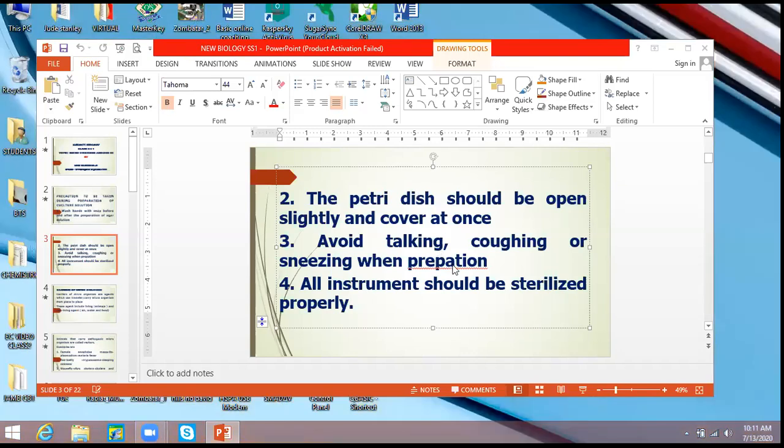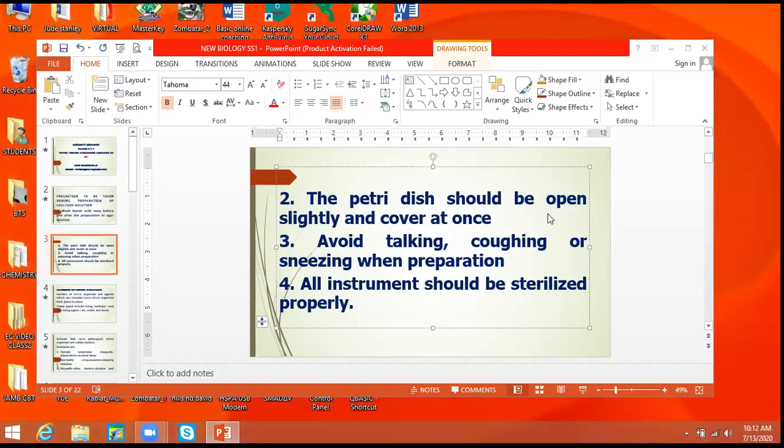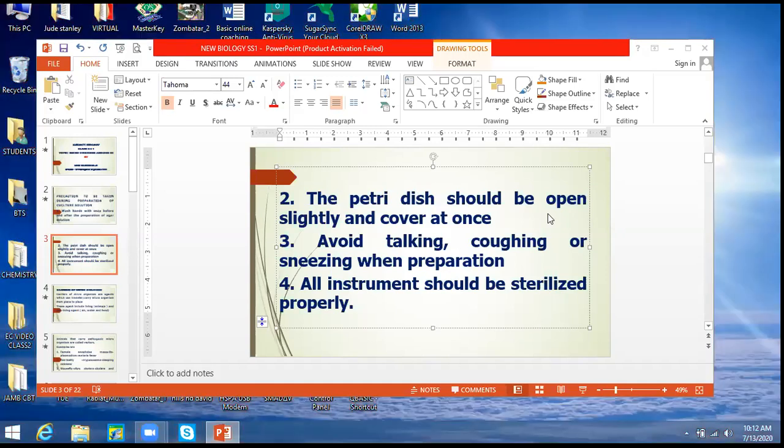Avoid talking and coughing or sneezing when preparing it, because microorganisms exist in our mouth. So if you want to grow another microorganism from another specimen, by the time you're talking or coughing, you can contaminate that agar.